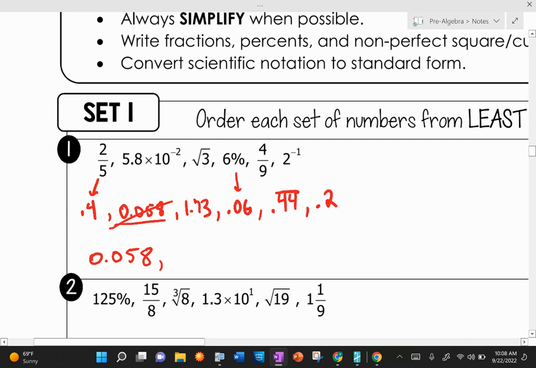What's the next highest number? 0.06. Okay, what's the next number? 0.2.